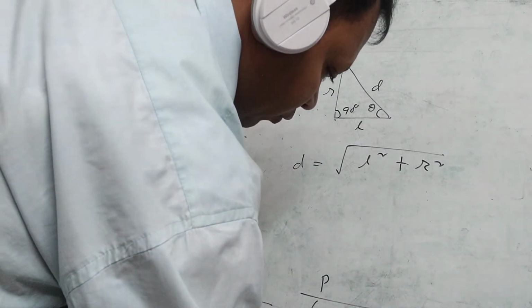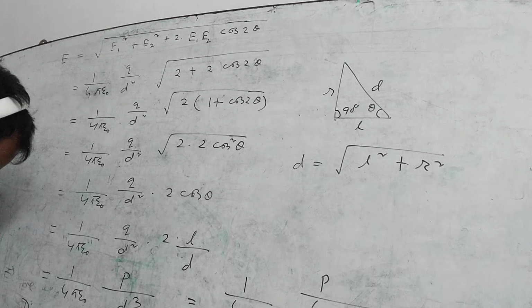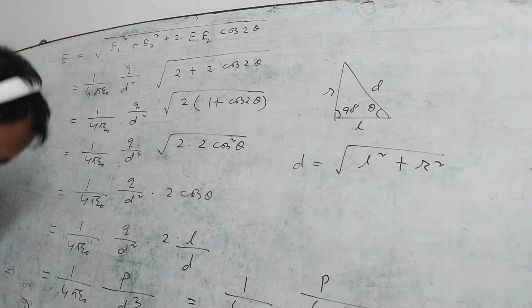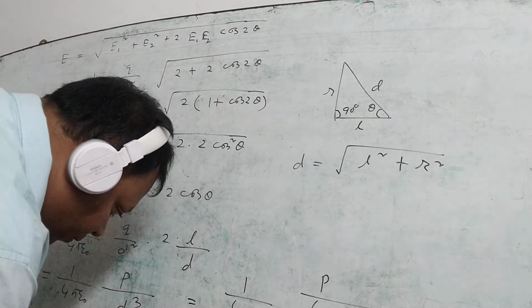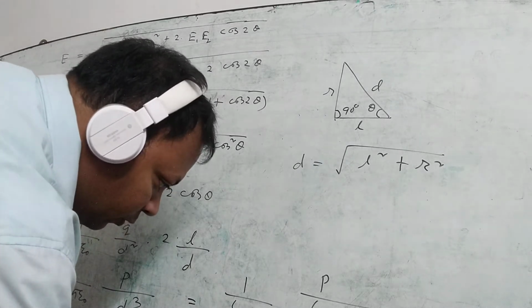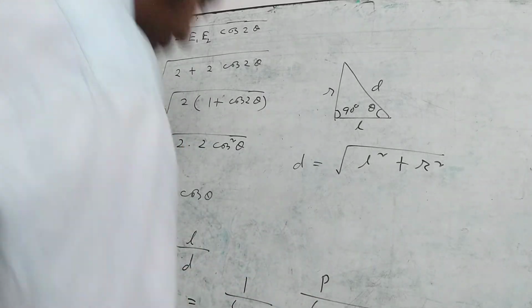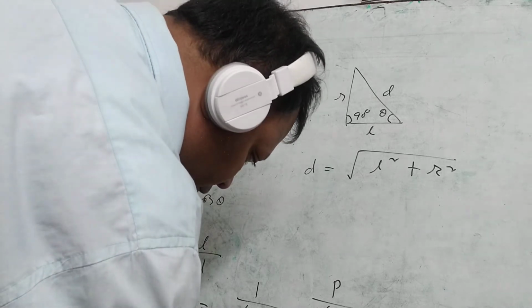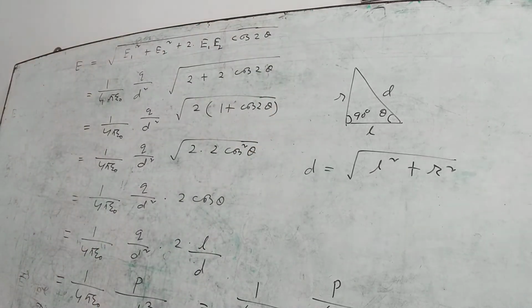And the direction of E is parallel to the direction from positive charge to negative charge, parallel to B to A. Okay.